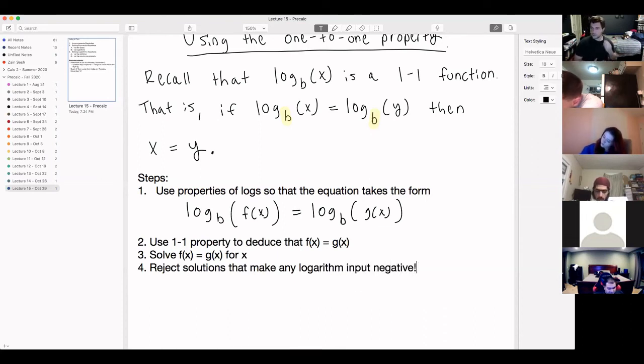So we will reject any solutions from step three that will create a negative number in any of the logarithms. All right, good. Very good. So we just have a few examples and we will be done for tonight.